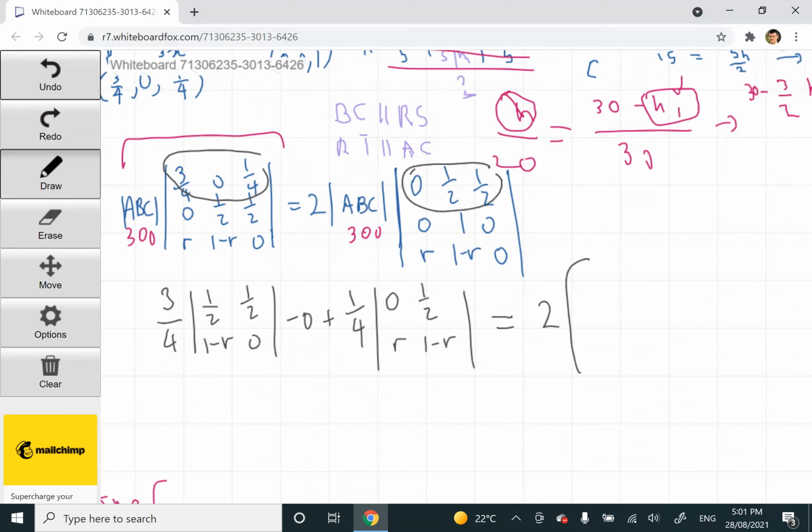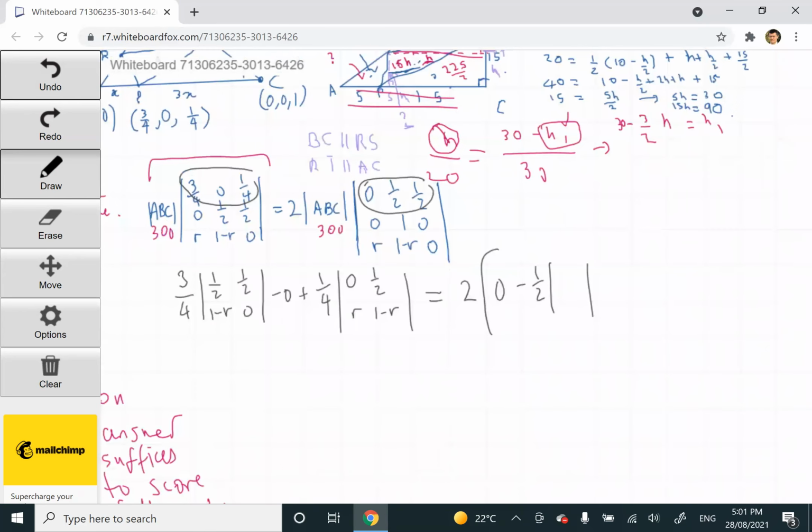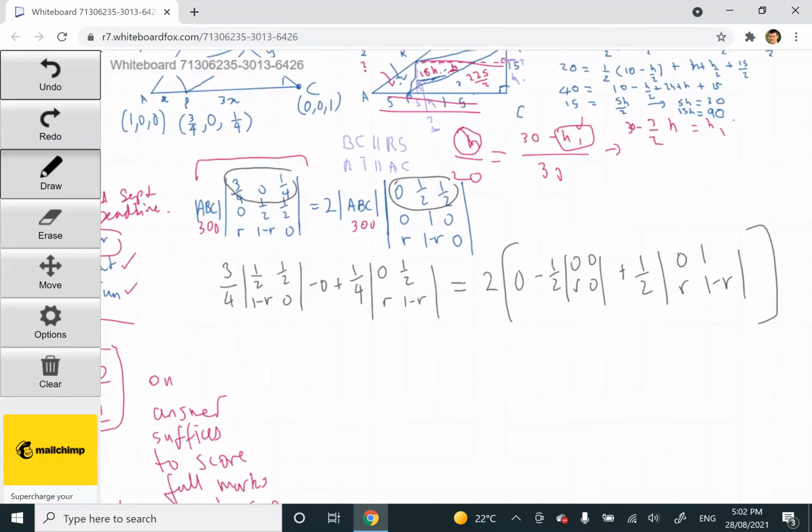So you get 0 minus a half. So 0, 0, R, 0 plus a half. 0, 1, R, 1 minus R. And let's see. So this gives you 3/4 times half times 0, 0, and minus 1 minus R times a half.